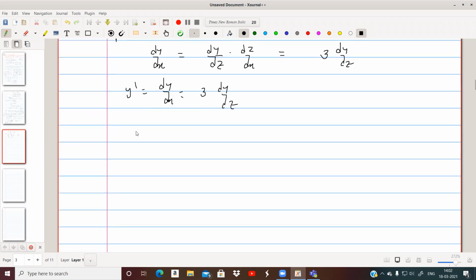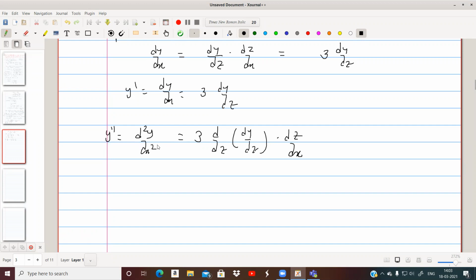Next, how can you calculate y double dash? Y double dash means d2y by dx square. So it is d by dz of dy by dz, this 3 taken in common, into dz by dx.